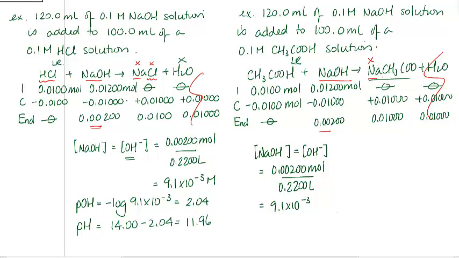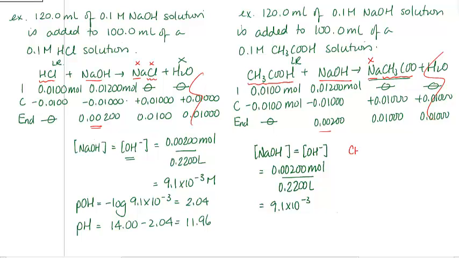However, when we take a look at the CH3COO, we find that it comes from a weak acid. And so in this case, because the CH3COOH is a weak acid, that means the CH3COO, or the acetate ion, is going to want to undergo a reaction with water. And so therefore we need to take into account its concentration.